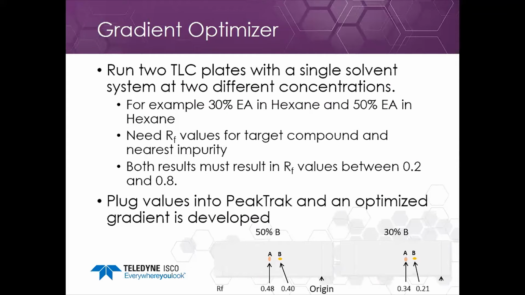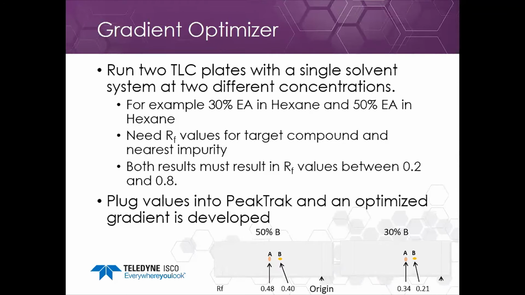So for example, in 50% B, compound A travels 0.48, has an RF of 0.48, and compound B has an RF of 0.4. When I reduce the percentage of ethyl acetate, compound A now has an RF of 0.34 and B has an RF of 0.21.